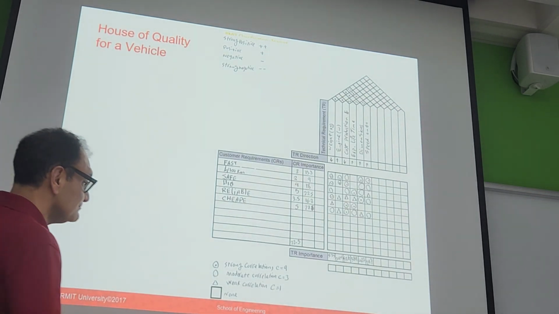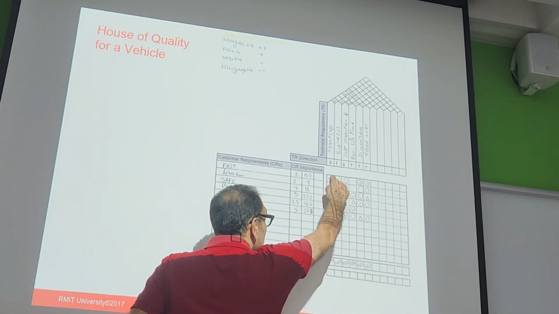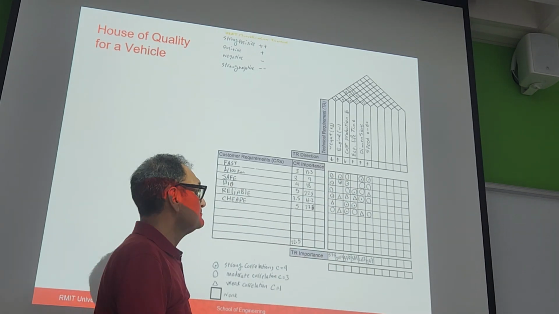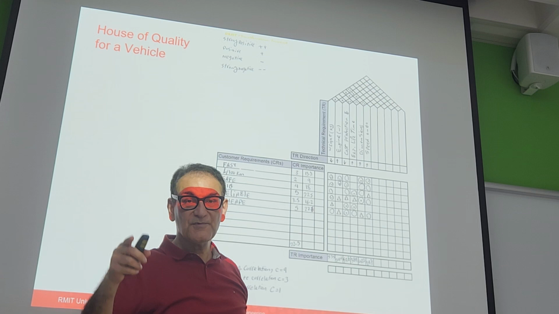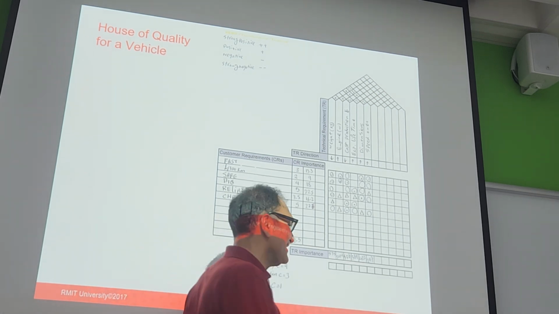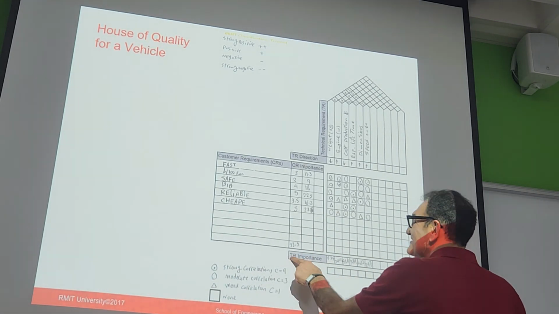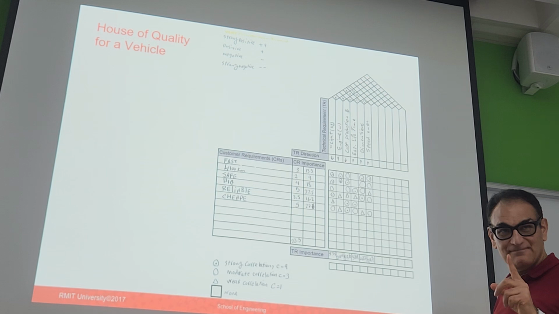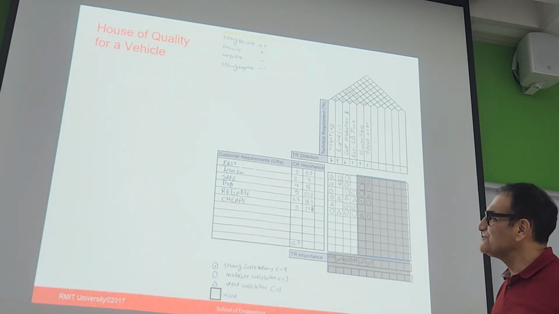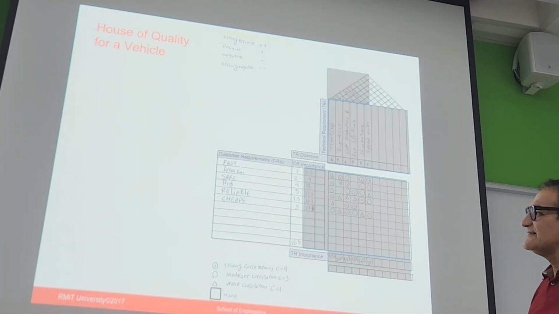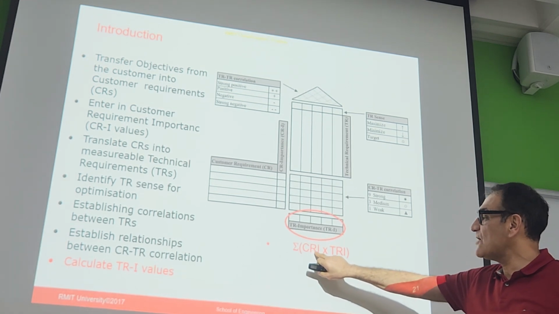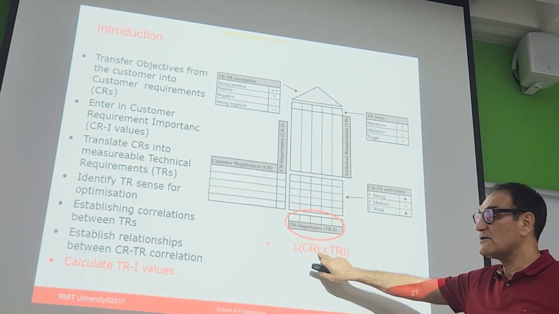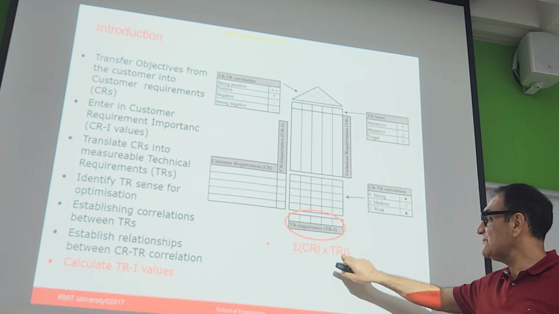This is sigma. Sigma of this. How can I sigma? You ask me about the TR importance, yeah? How can I calculate? I show you. In the class, the sigma comes from CRI multiplied by TRI.